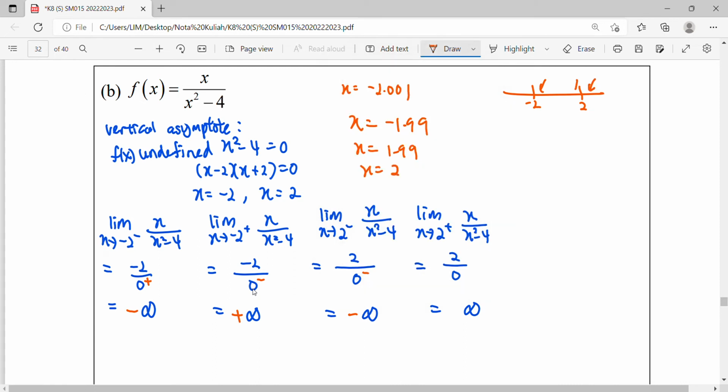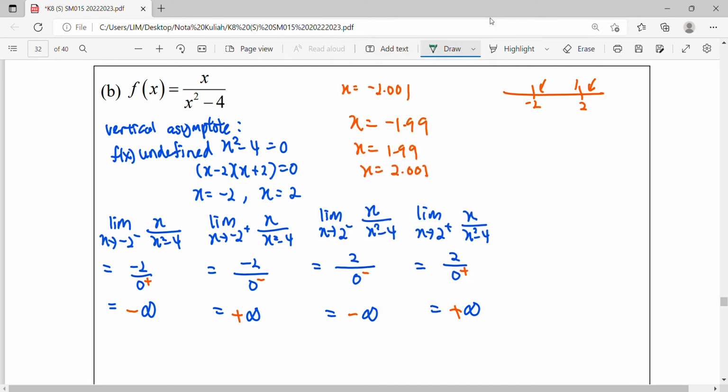It will be 2.001. So substitute in the position of 0 here. It will be positive 0.0 something. Press your calculator here. You can test your value, press your calculator, don't just look at it, you can't get your answer. So positive over positive, positive infinity.